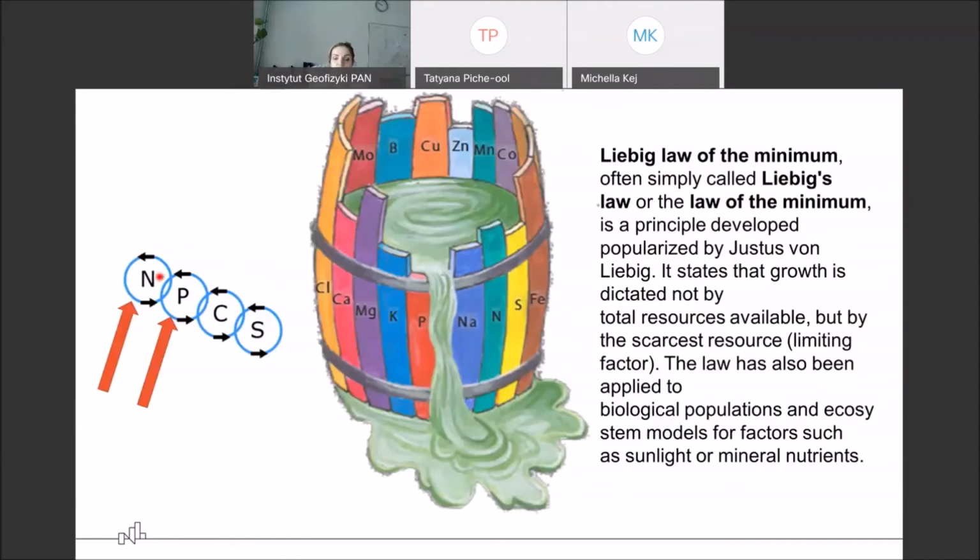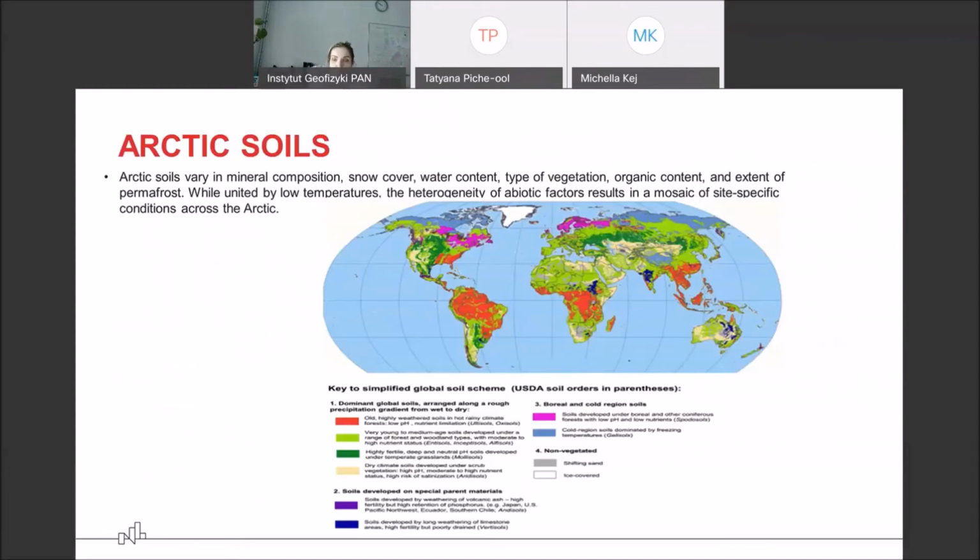And these two are usually lacking, especially in the Arctic. So no matter how much of the others we have, these two are the limiting factor of any biological production, primary production, for example.